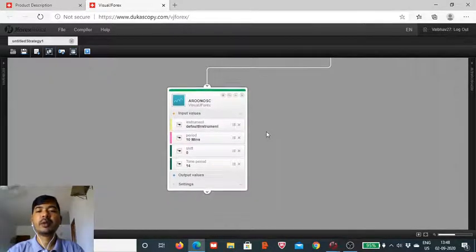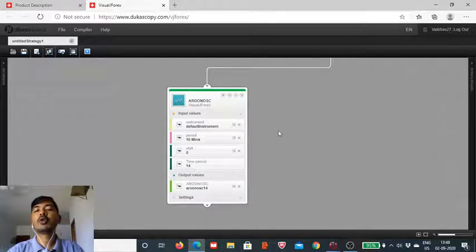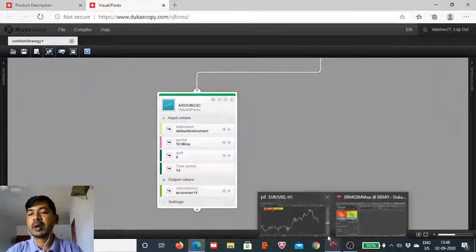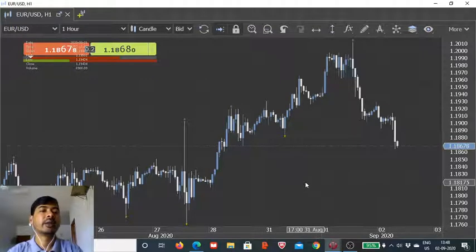Now coming to the input parameters and output parameters, we have to define these input parameters as per our requirements. We have to see what is the best time frame, the look back period, and the time period for the indicator, which will be in combination with our other indicators or other ideas also.